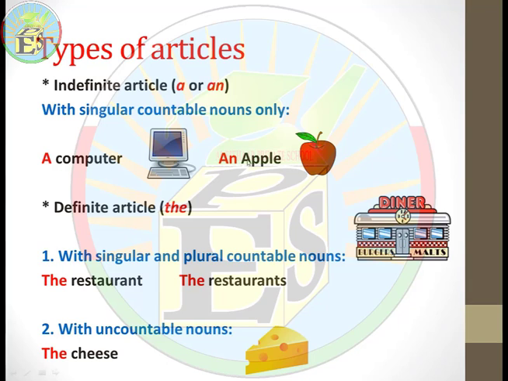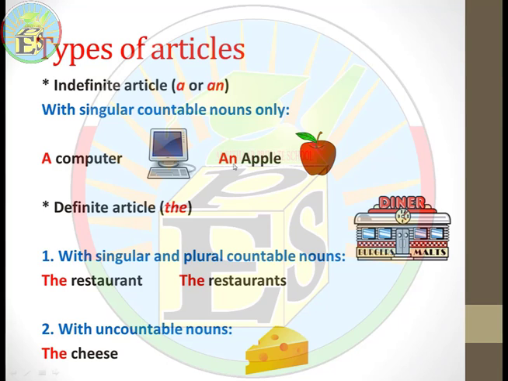An apple. Well, the rule here is any noun that starts with any of the vowels in English, we must write the article an before them. This is the rule, alright?